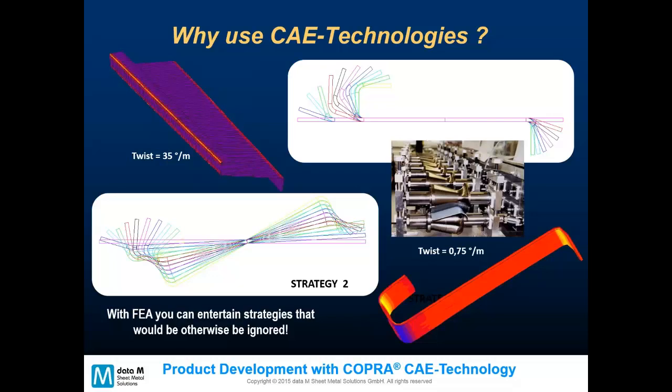Because quite often when we have a situation like this, the easiest or the cheapest approach to fix the problem is the one that will be taken. Whereas, again, it may not be the best. With finite element analysis, as you can see here in strategy 2, with FEA you can entertain strategies that would otherwise be ignored at no additional cost.